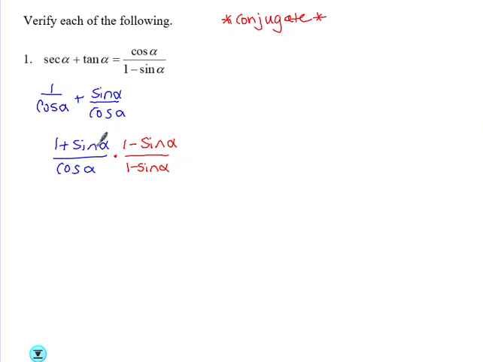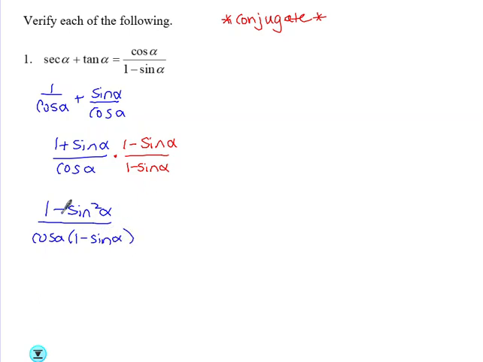So, for 1 plus sine alpha and 1 minus sine alpha, you can FOIL or double distribute, but because they are conjugates, the middle terms will end up canceling out and you just have 1 minus sine squared of alpha over, I'm going to leave this as cosine alpha times 1 minus sine of alpha.